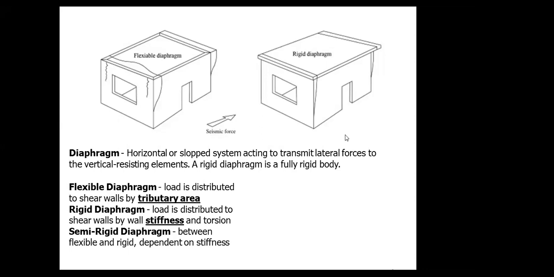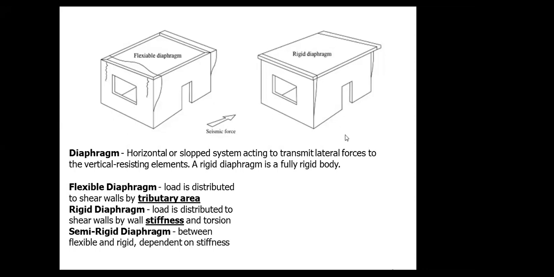It can be a flexible diaphragm, or you may have a rigid or semi-rigid diaphragm. Flexible means you will allow deformation like this; you can see the slab will deform under the load when you apply it.